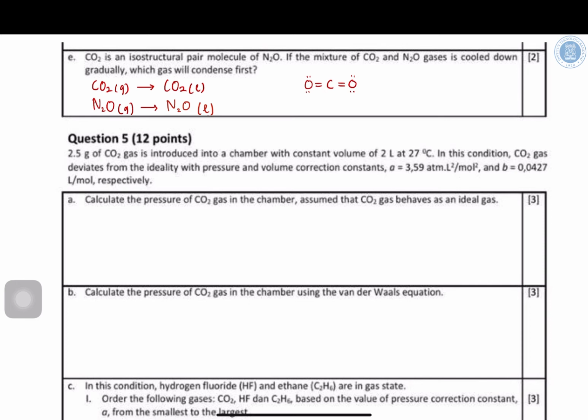And then the other one is N2O. They have different formal charges over here.